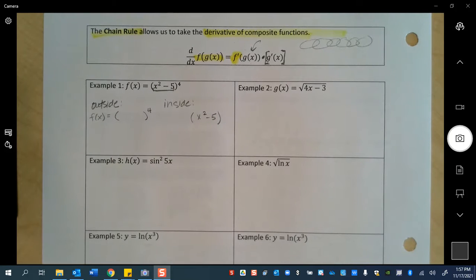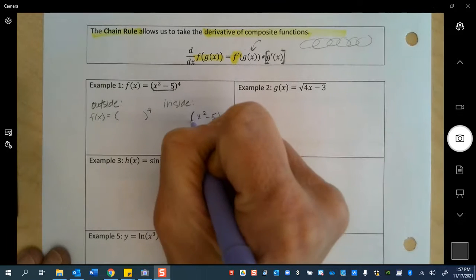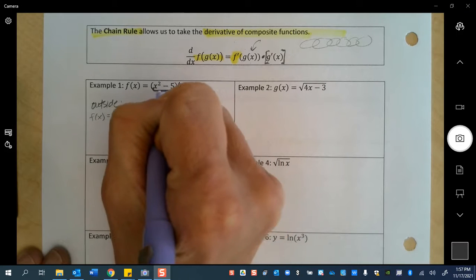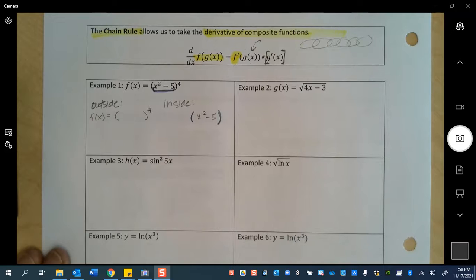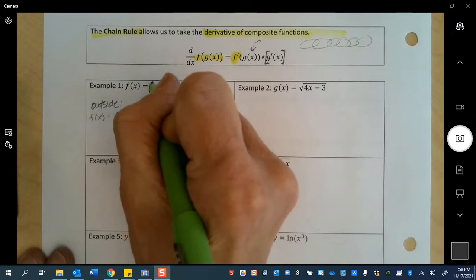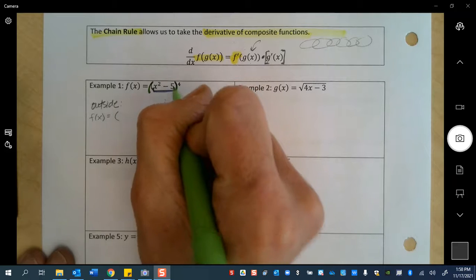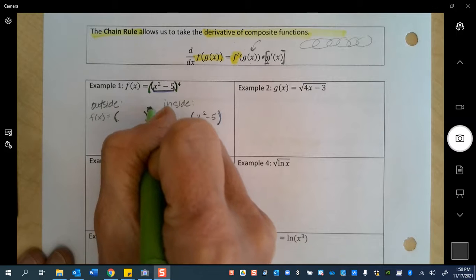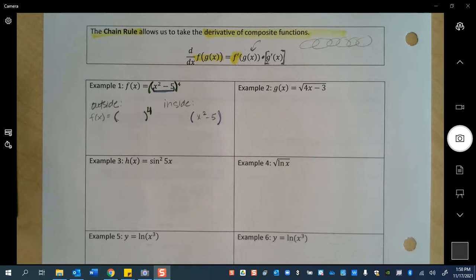Take a minute and make sure that you can see that, because this that lives inside here is an embedded function into this conversation here about to the 4th power.